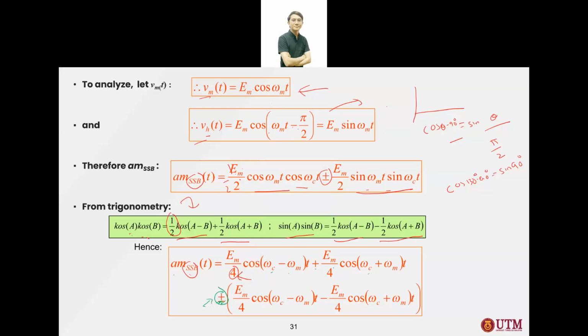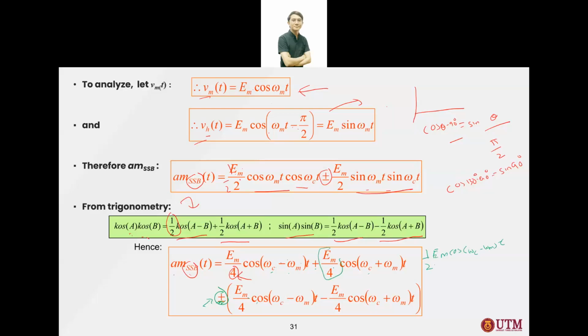So EM over 4 cos (omega C minus omega M) plus EM over 4 cos (omega C minus omega M), so you're going to have half EM cos (omega C minus omega M) T, because it's 1 over 4 plus 1 over 4.